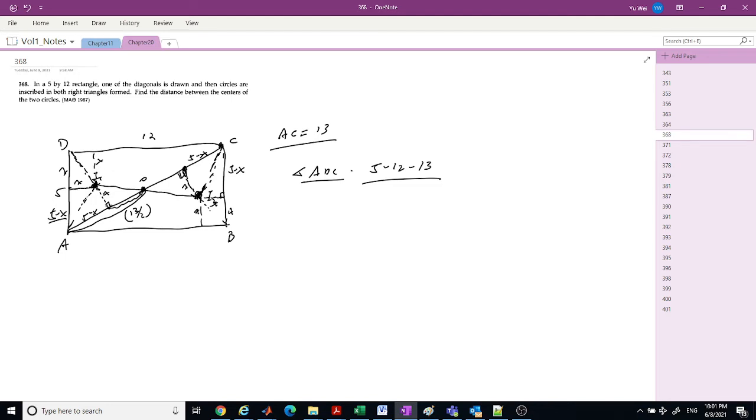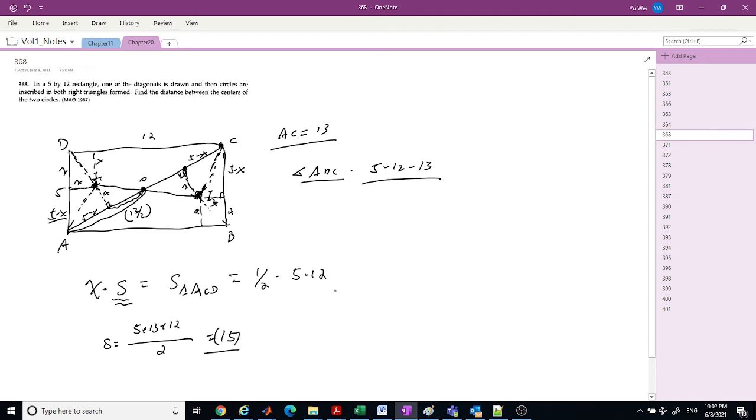By solving x, you know that x times s is equal to the area of triangle ACD, where s is half of the perimeter. So the area of ACD is half of 5 times 12, right? And this little s is half of 5 plus 13 plus 12, which is 15.